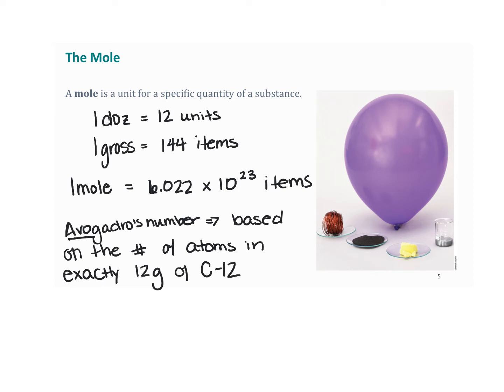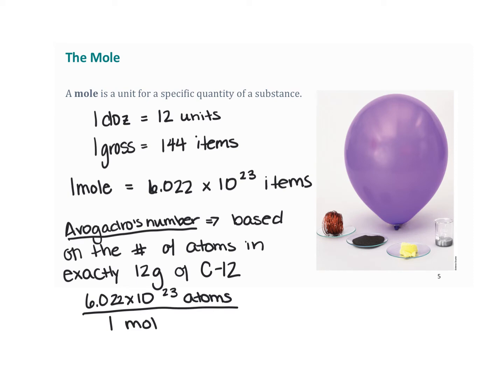And so that's where this mole comes from. And so we say, hey, look, there's 6.02 times 10 to the 23rd atoms per 1 mole. And that's Avogadro's number.